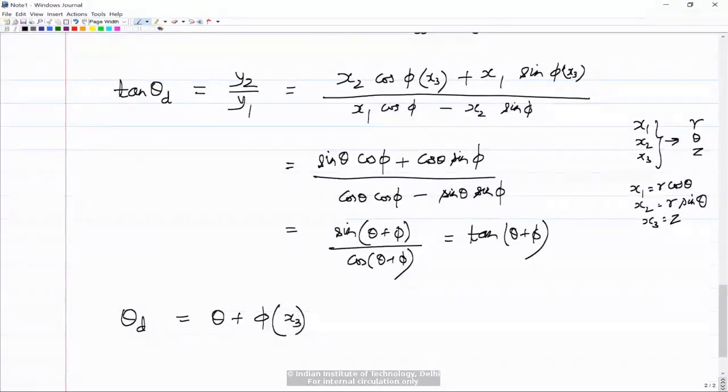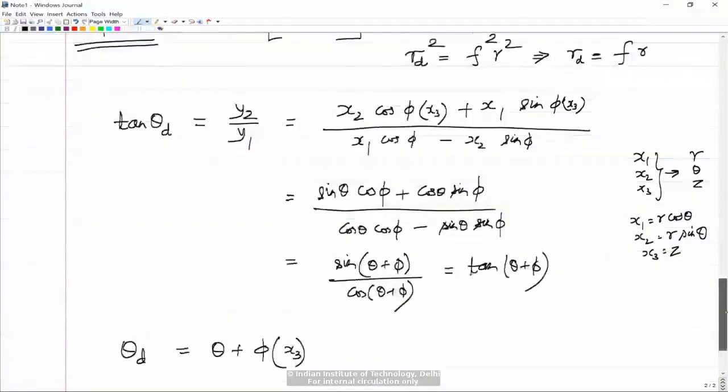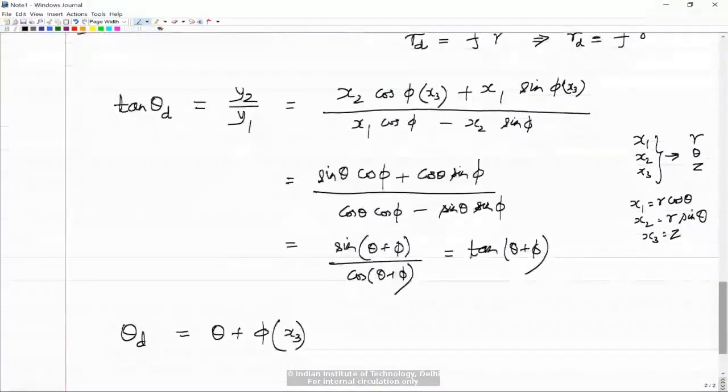So can you now see that this is also leading to twisting? The theta coordinate is changing, but it is not the same for every x3. As you move along the length of the tube, phi is changing, and that's what happens in case of twisting, isn't it? In case of twisting, the rotation of the cross section is different at different lengths.